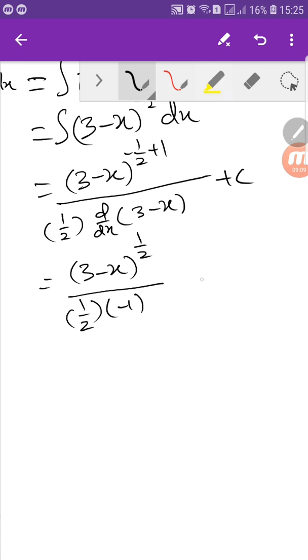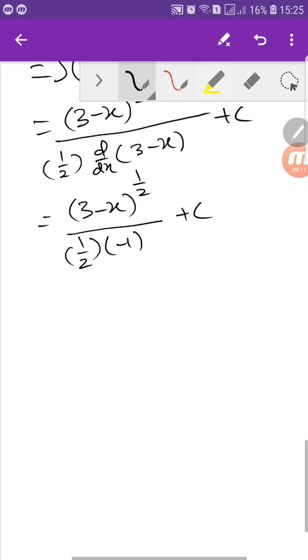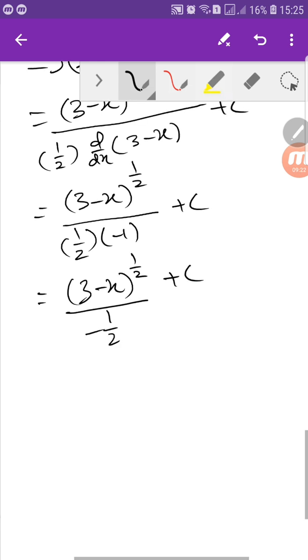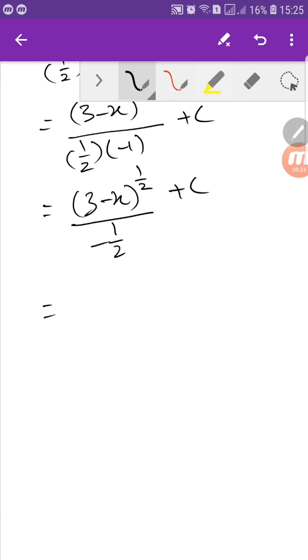The differentiation of that is minus 1, plus c. And then it's a minus half over there. So (3 minus x) to the power of half plus c, divided by minus half. Something divided by 1 over 2, we can just turn the half into 2. Negative 2, (3 minus x) to the power of half plus c.